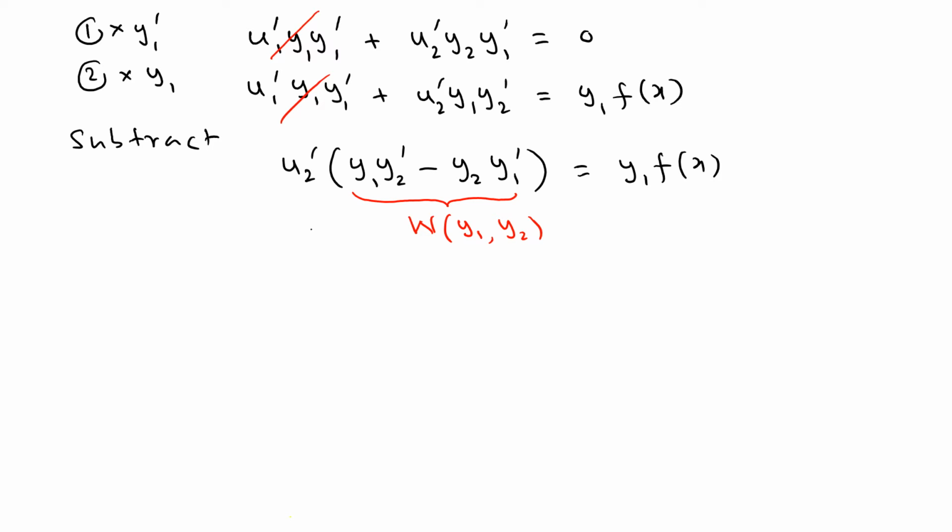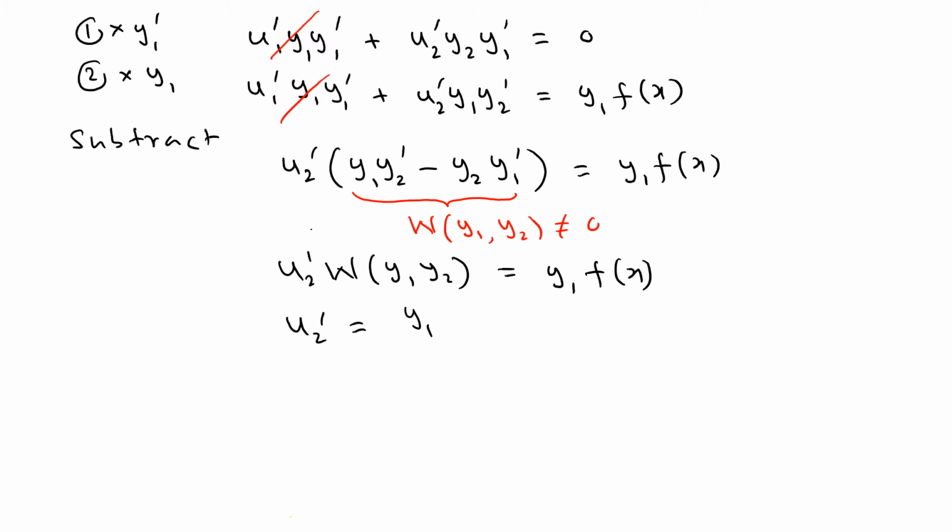So you can write u2 prime times the Wronskian of y1, y2 equals y1 f(x). If you divide by the Wronskian, which is not equal to 0 because these two solutions are linearly independent, you get u2 prime equals y1 f(x) divided by W(y1, y2).